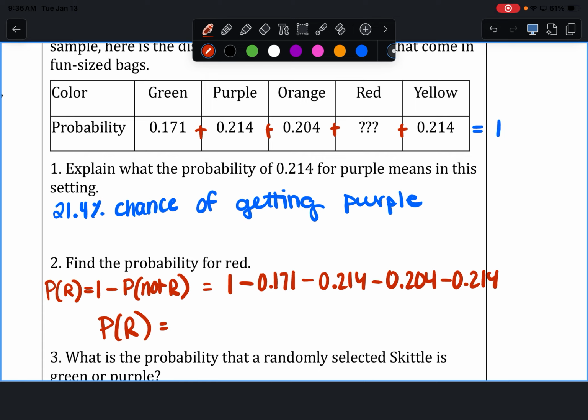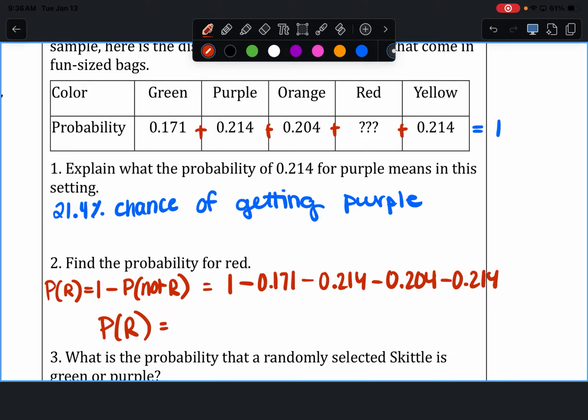How would I solve this? I would subtract. It's the same as saying 7 minus 2 minus 3 equals x. What is 7 minus 2? 5. What is 5 minus 3? 2. So x is 2. That's the same thing that's happening here. It's just giving it to us in a probability format.